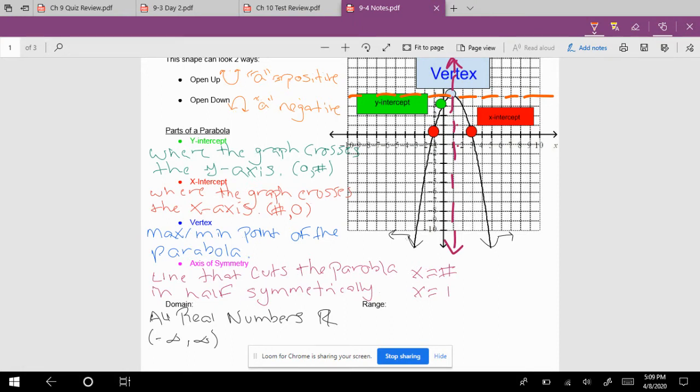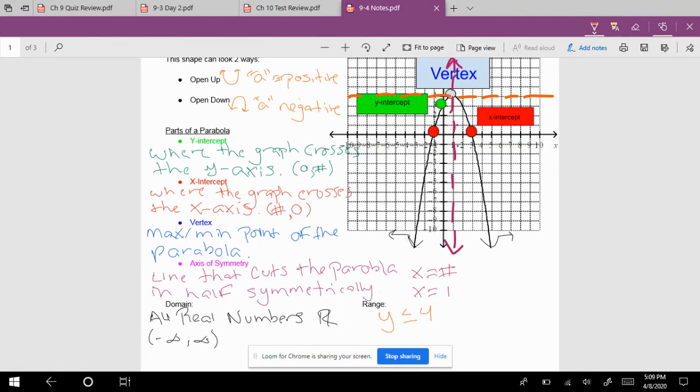So if I am going to describe the range for this example, I would say that my graph touches every y value less than or equal to, and let's see, that line goes through 1, 2, 3, 4 on the y-axis. Okay, now that is inequality notation. We also learned interval notation.